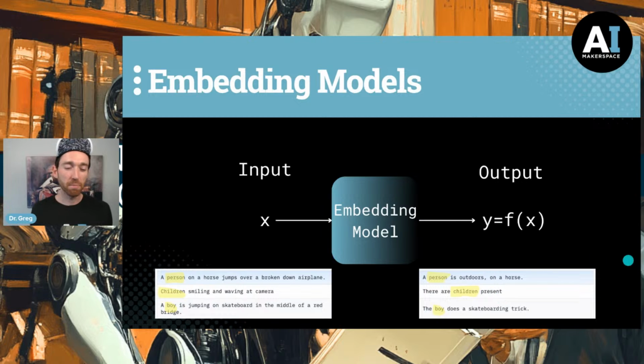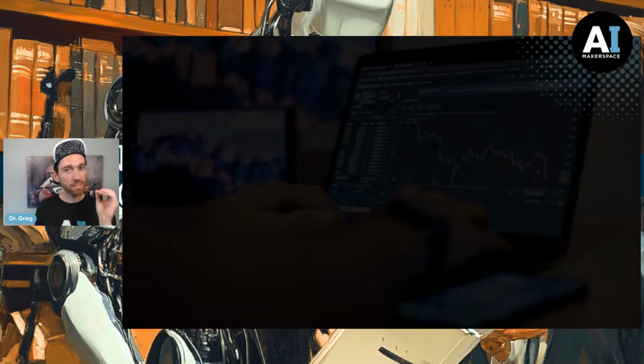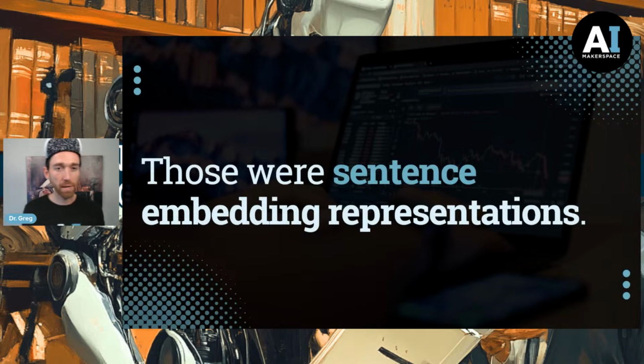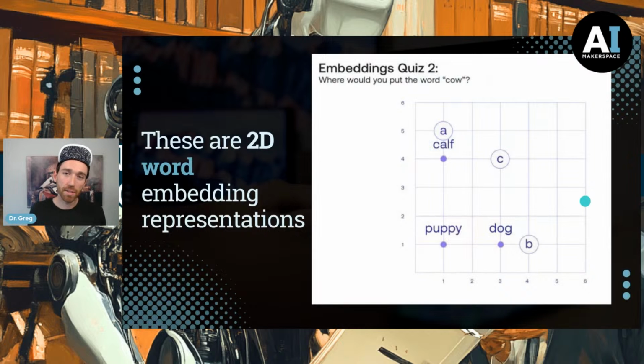These should be close in embedding space, and so on. Importantly too, these are sentence embedding representations, whereas in the dog, puppy, calf, cow example, these were 2D word representations.